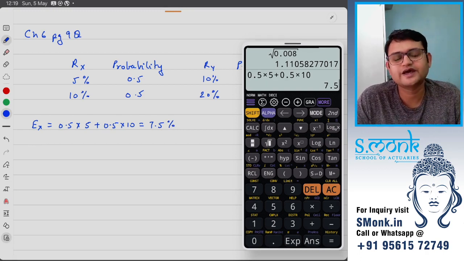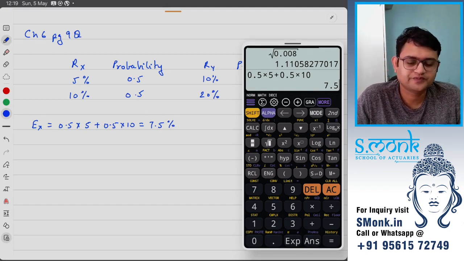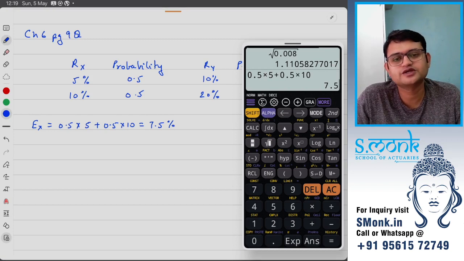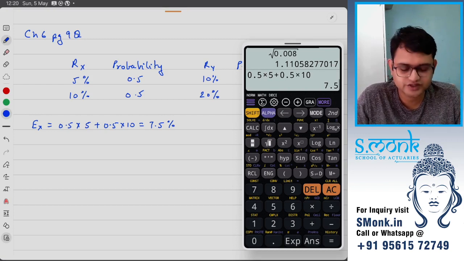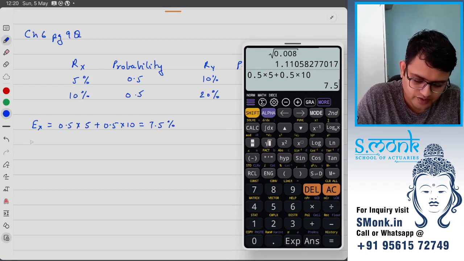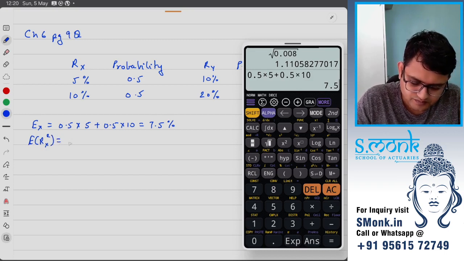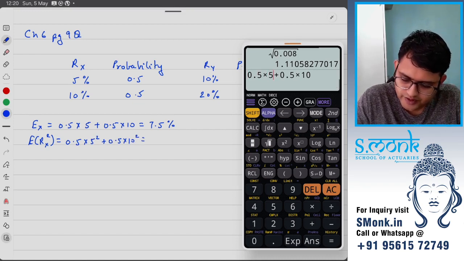For variance you can directly calculate if you want. You can use any formulas, any structure of formulas you want. I would write expected value of Rx square, and just square it in this equation.